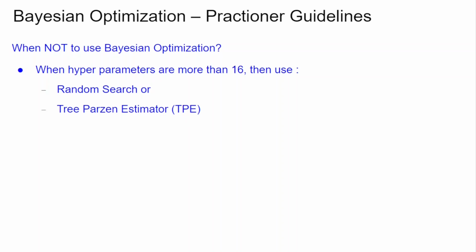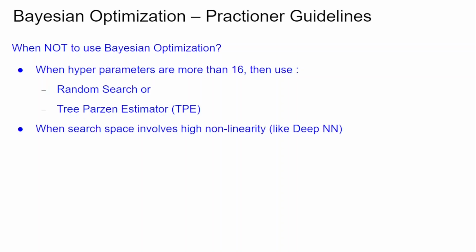This is another branch of optimization techniques that has its own math and underlying principles of how it solves the problem. Tree parser estimation is probably the place for you to go when it's more than 16. Random search, if you don't have any other option. Otherwise, go with tree parser estimator because it's sophisticated. It can solve various other problems, including neural net related problems.